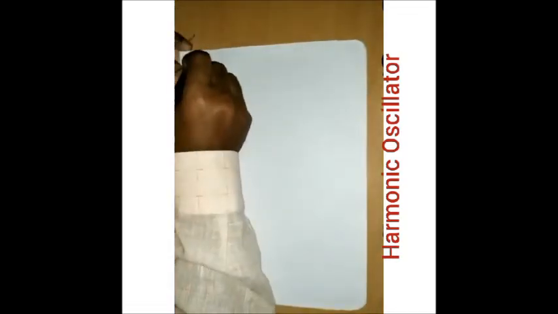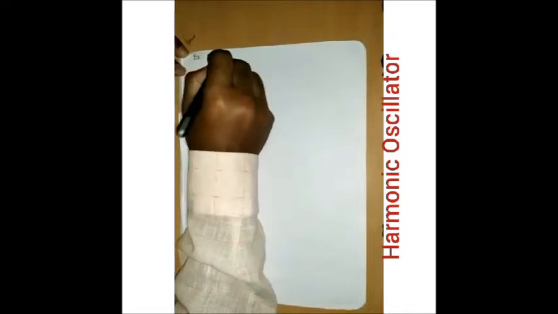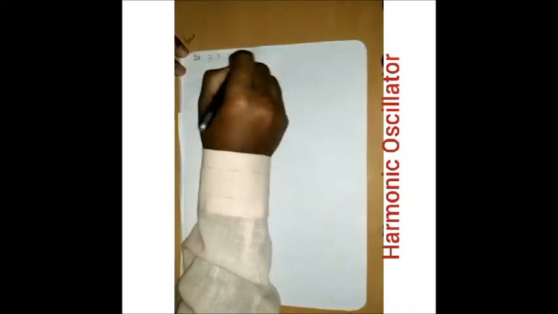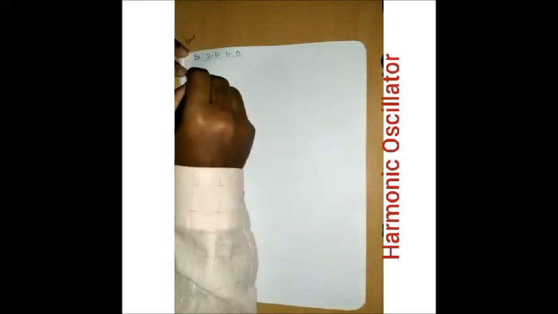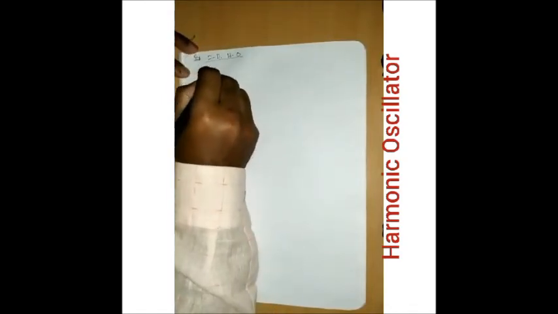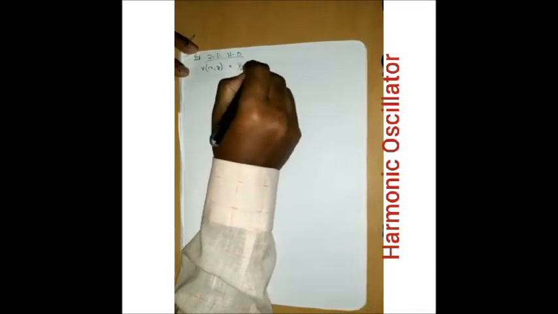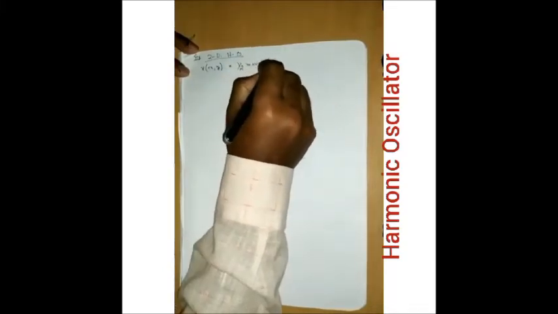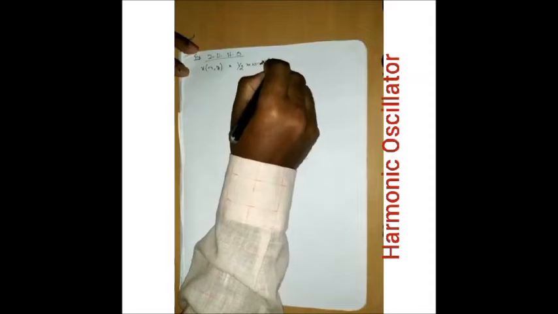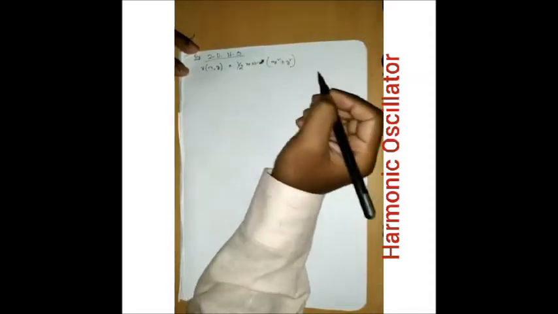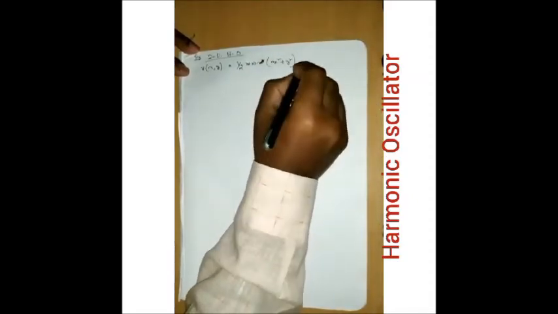Let us take an example for a 2D harmonic oscillator. Suppose in your examination the potential is given like this: V(x,y) equal to half m omega squared times (x squared plus y squared).